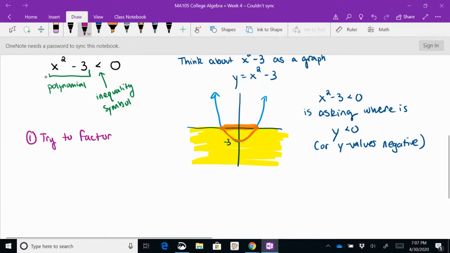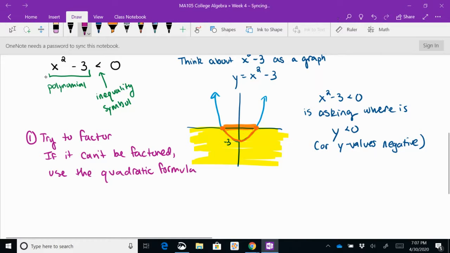And if it can't be factored, then we use the quadratic formula, or solve some other way. So we don't have to use the quadratic formula. If you like to complete the square, you can complete the square.